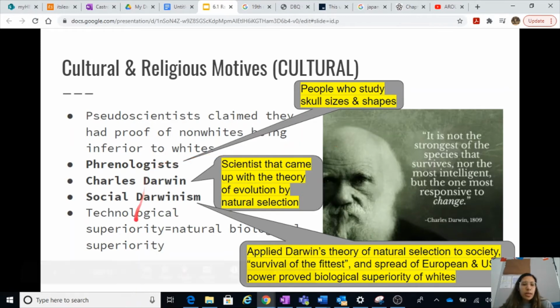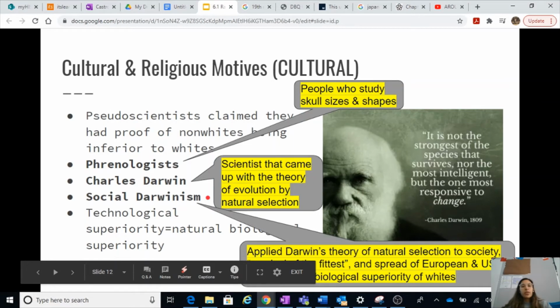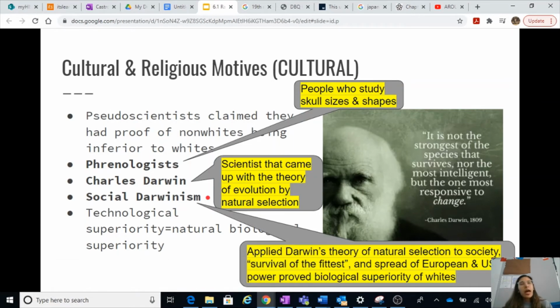They're going to equate technological superiority with natural biological superiority. These are some of the ideologies that are going to contribute to the development of imperialism.